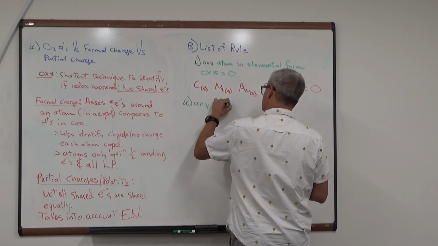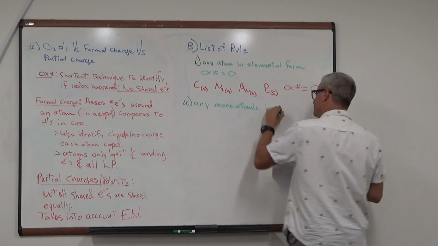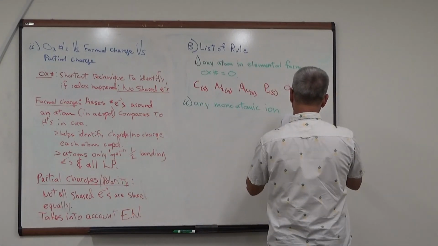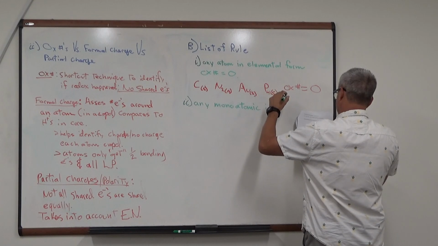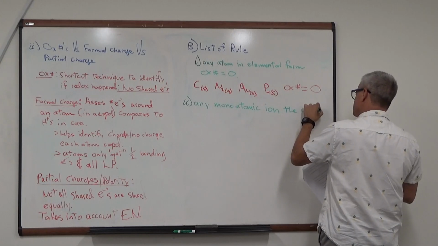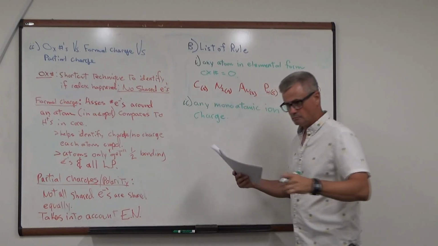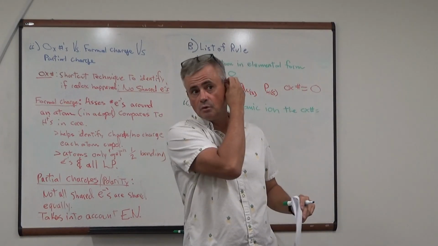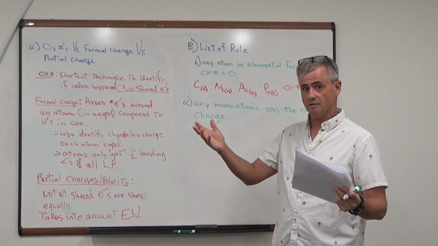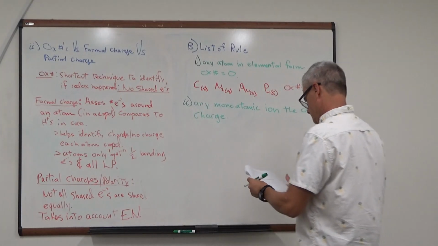Any monoatomic ion, so one atom, such as chloride, sodium, and so forth: the oxidation number equals the charge. Calcium always goes to +2, so the charge of an ionic calcium is +2, and the oxidation state number is +2.